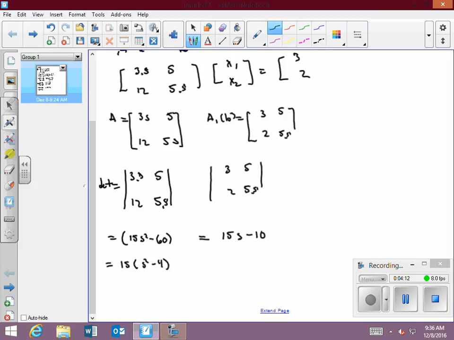And then A2(b) is 3s, 12, and 3, 2. So the determinant of that is 6s minus 36.